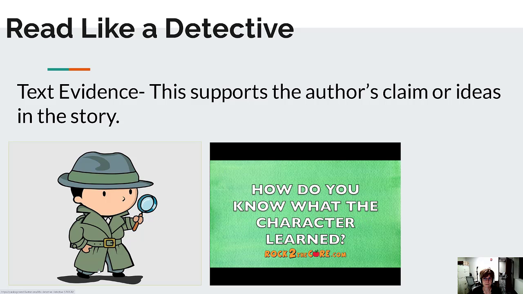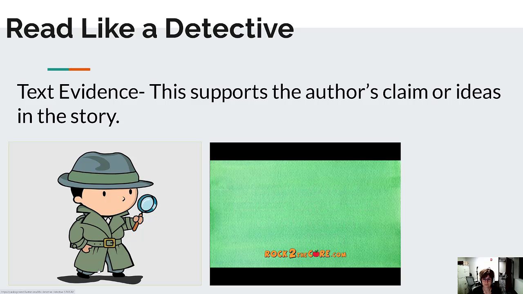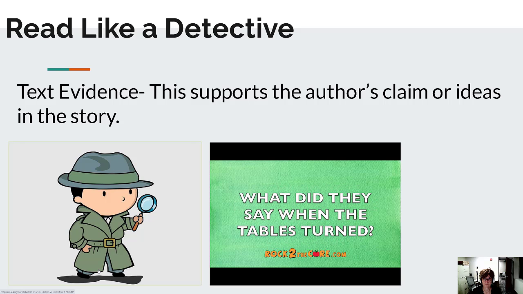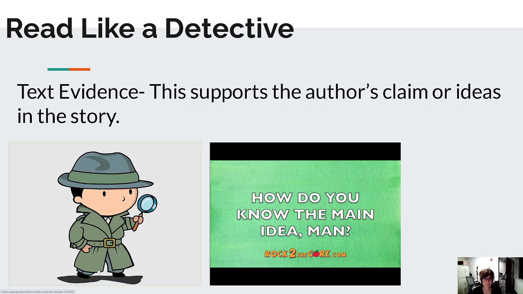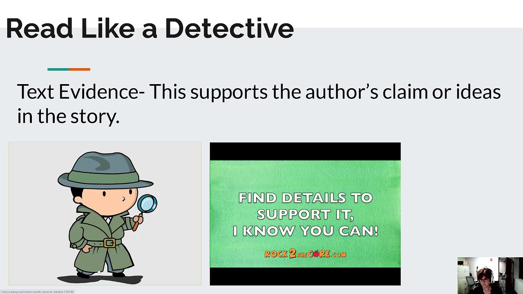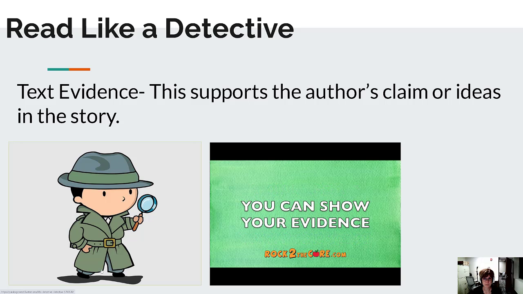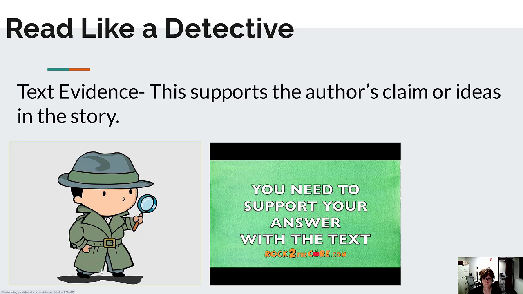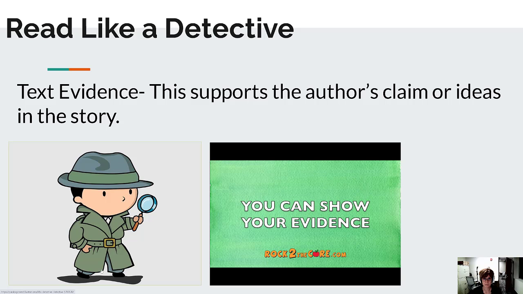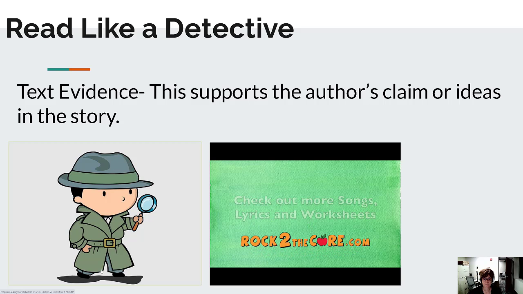How do you know what the character learned? What did they say when the tables turned? How do you know the main idea? And find details to support it. I know you can.